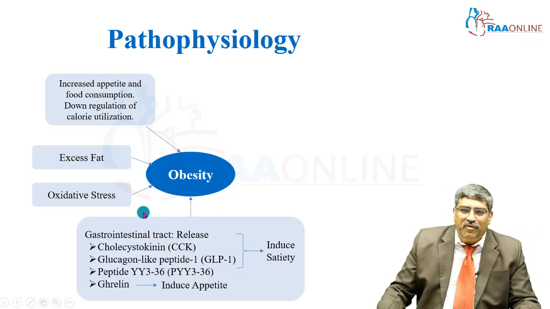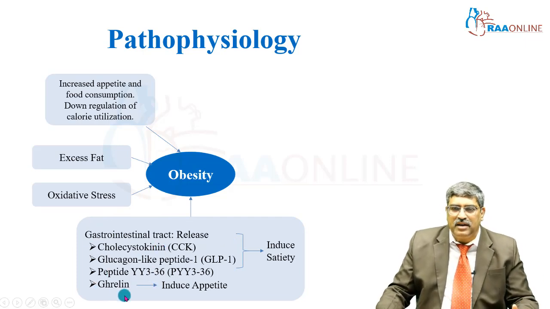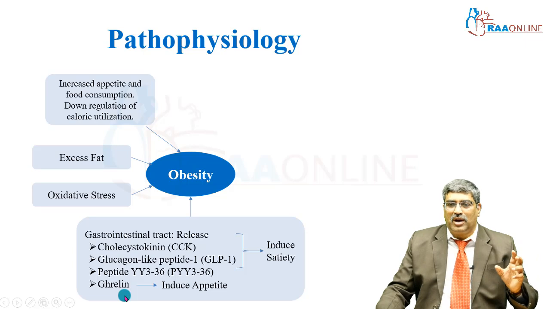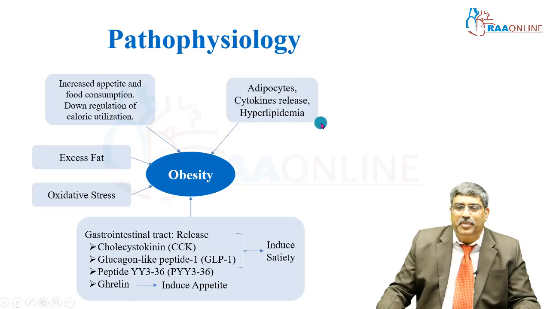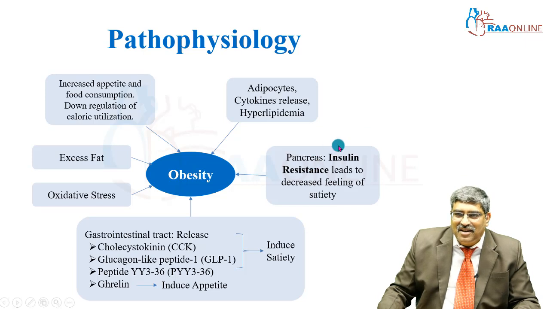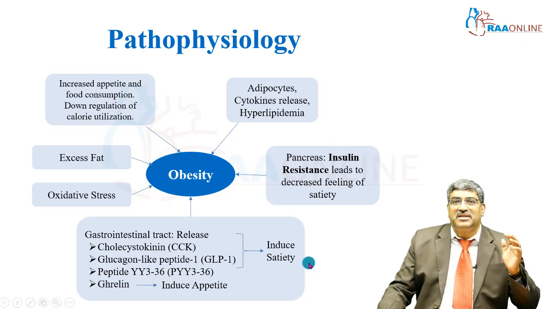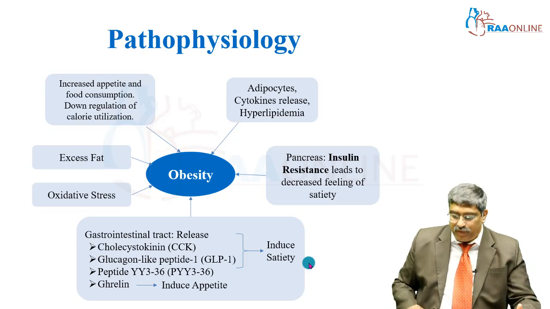Apart from that, you have release of cholecystokinin, glucagon, and ghrelin, which can increase your appetite and induce satiety. And you have hyperlipidemia, increase in adipocytes and cytokine release. Another important thing is insulin resistance, which gives a decreased feeling of satiety, so you will have more food intake.